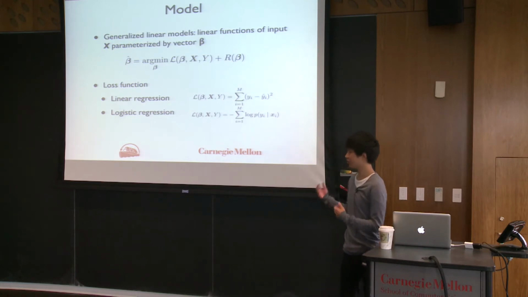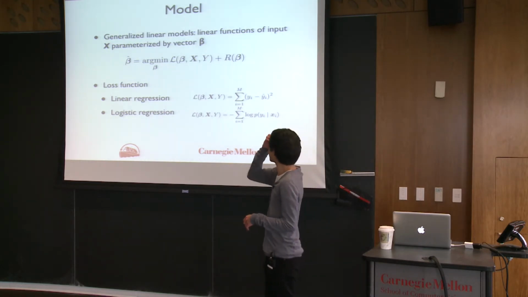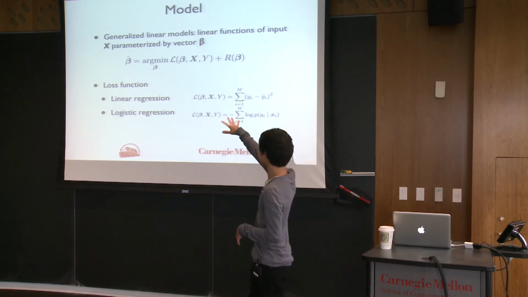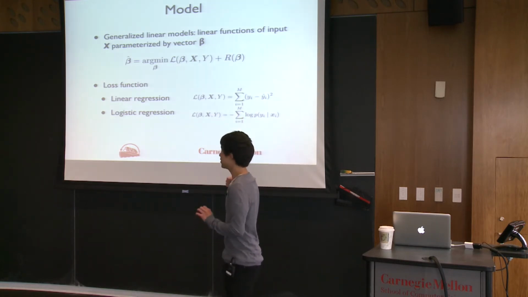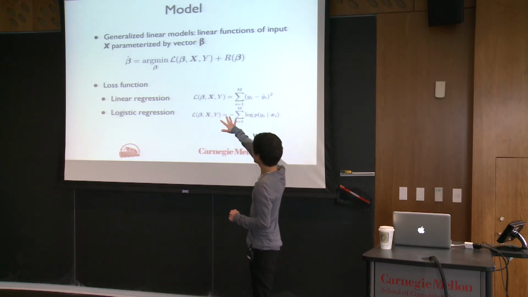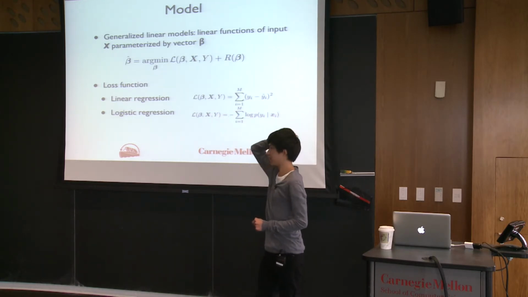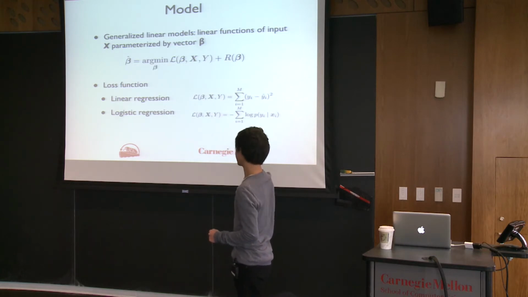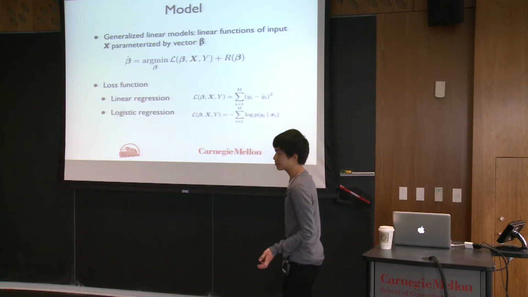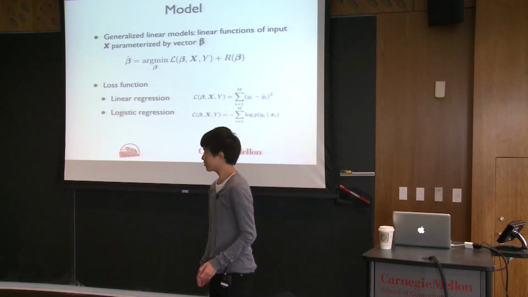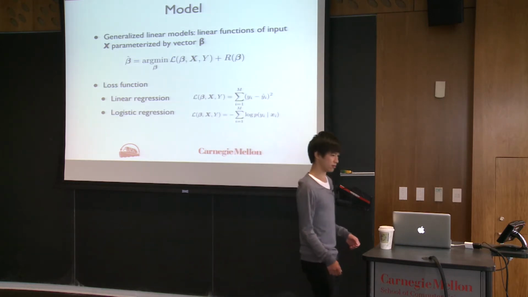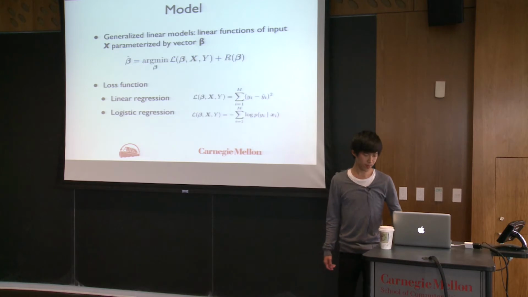This is just a standard linear model, and training using empirical risk minimization is just minimizing this objective function, where we have a loss function L, and usually we also have a regularization function R. Here are a couple of examples of loss functions that can be used. If we want to do linear regression, we can use the squared loss, and if we want to do logistic regression, we can use log loss.